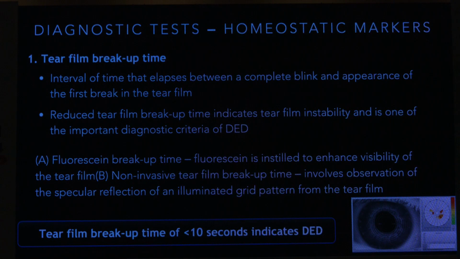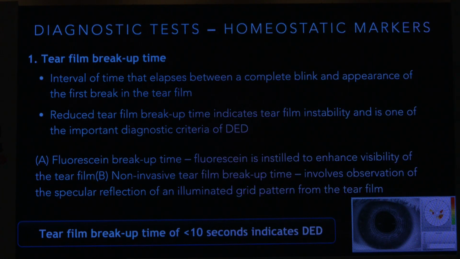And if the tear film breakup time is low, even a high Schirmer's may be very common in evaporative dry eye. So a low Schirmer's is more specific for an aqueous deficient dry eye, and a low tear film breakup time is more specific for an evaporative dry eye. So these two are certainly very useful.